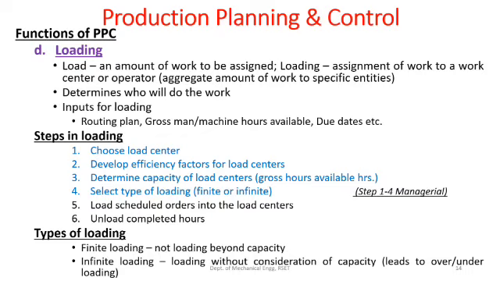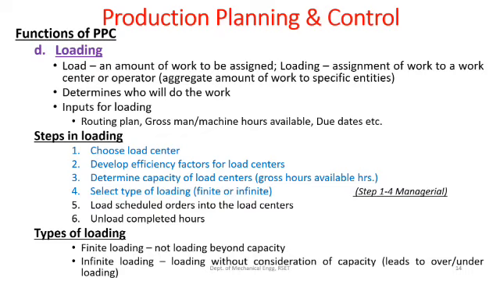So the gross available hours for that particular load center is determined not by the machine's capacity. The machine has a capacity to work 24 hours a day, 7 days a week. But the problem is that the number of hours the operator is available to operate that equipment is only 16 hours a day.